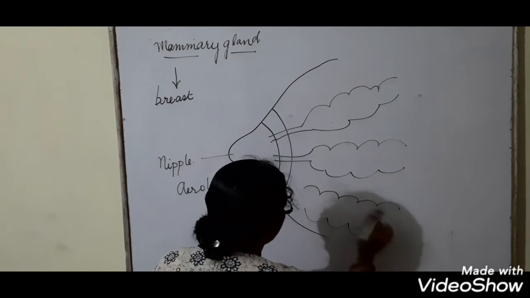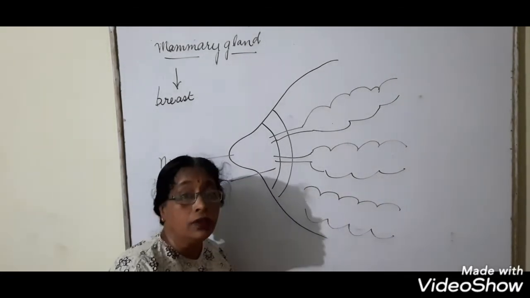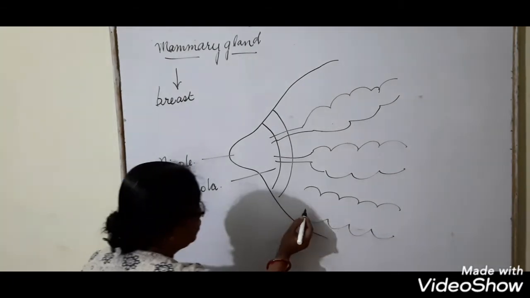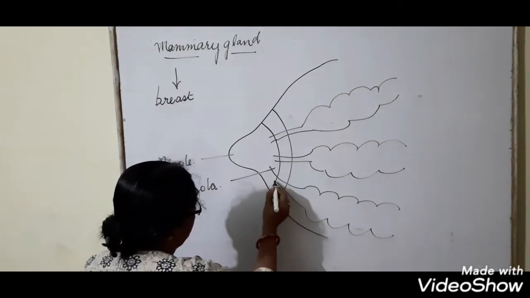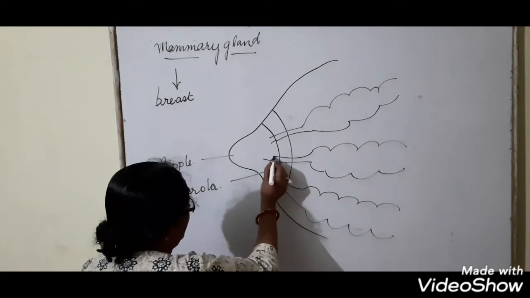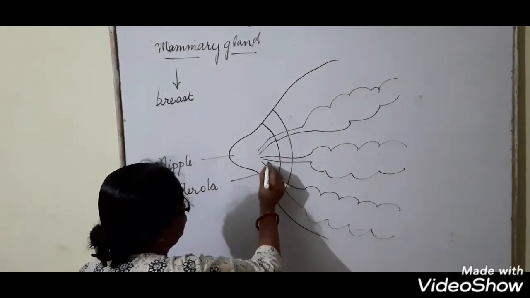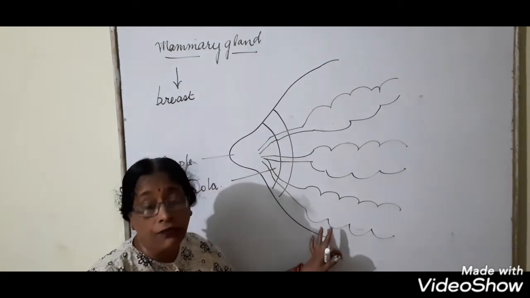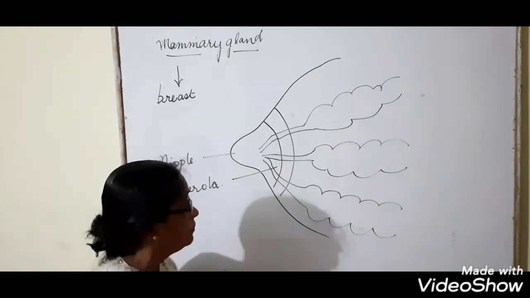In between these ducts or lobules, there are layers of adipose tissue, the fat tissue. These ducts join together and form the ampulla. These ducts are known as lactiferous ducts. They are modified sweat glands.